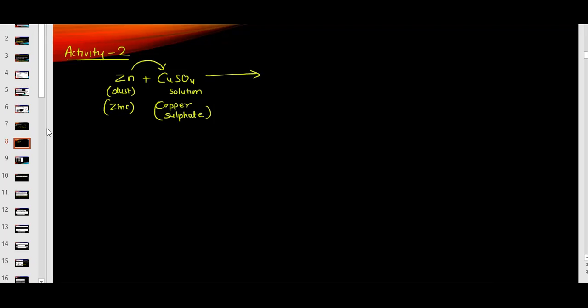It is going to come in place of copper. The zinc will come here with SO4. यहाँ पे copper हट गया और यहाँ पे zinc आ गया, because zinc is more reactive than copper. It is going to give you zinc sulfate solution.